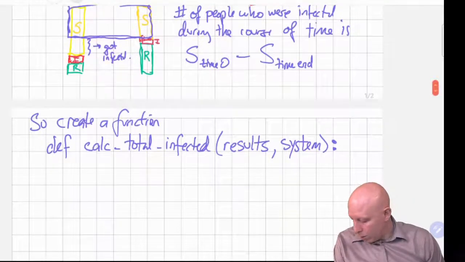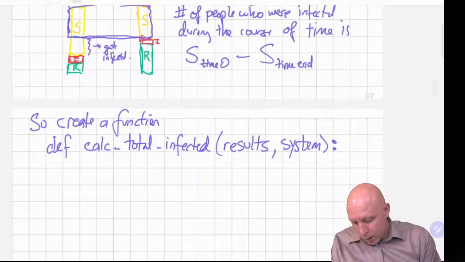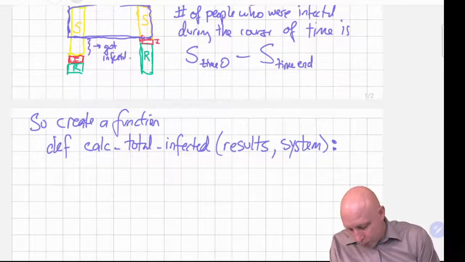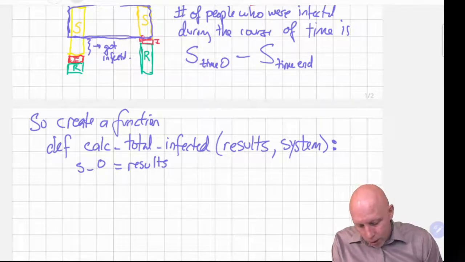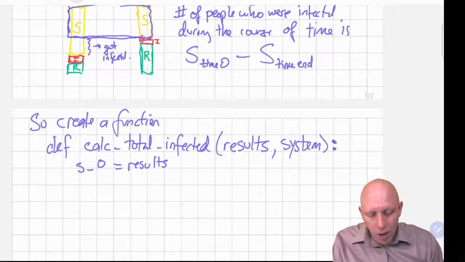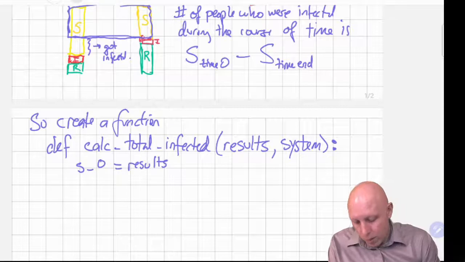And what we're going to do is figure out what our initial S0 was. So this is where drawing a picture of what our array would be is helpful.